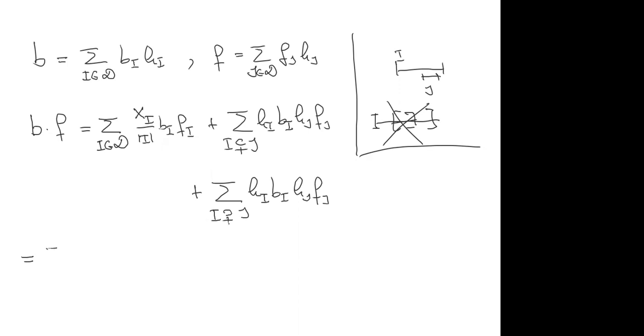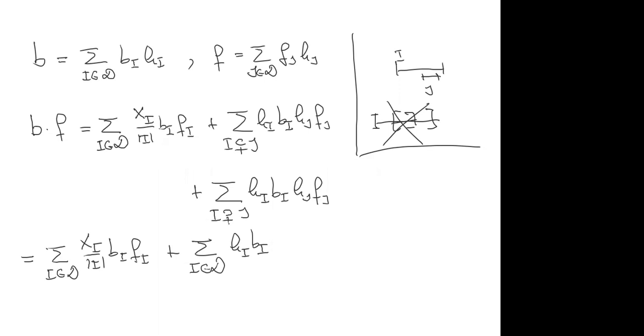Now, if I write this a little bit differently, then, sorry, here that meant only all the I's. So if I is strictly contained in J, then the Haar function h_J will be either in the left or in the right half, and the Haar function h_J is constant there.